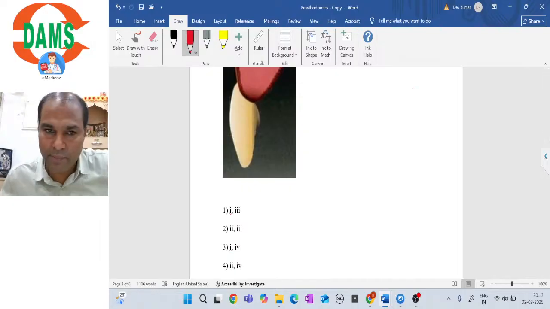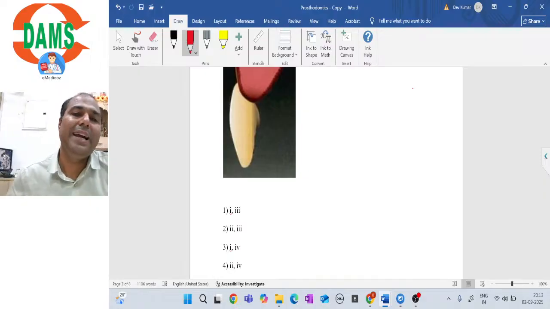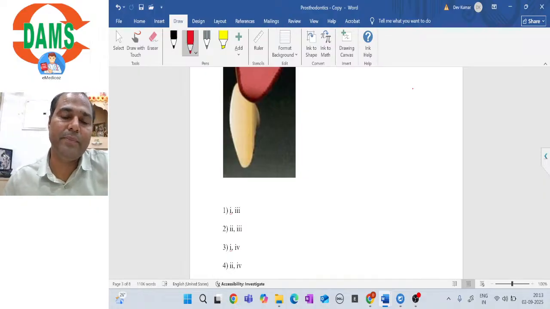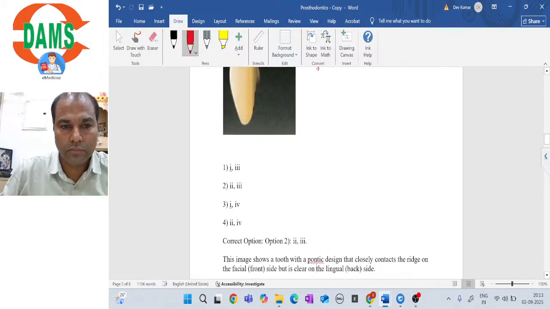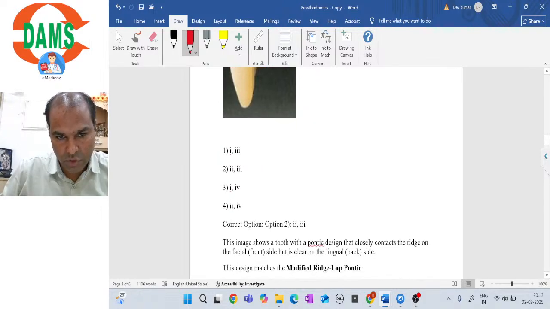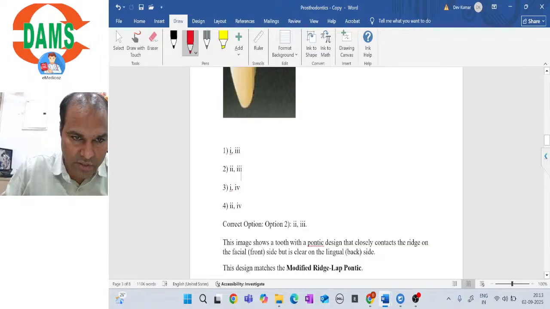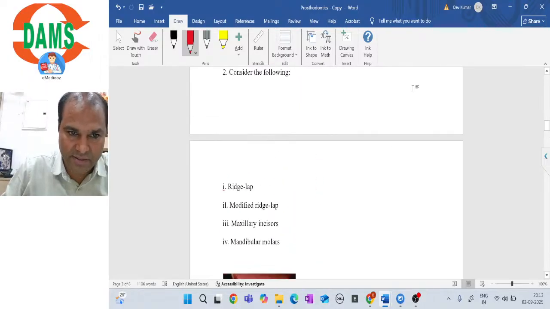So understand. It is clearly visible that this is our pontic, and it is in maxillary anterior. So here the answer is 2 and 3, that is your modified ridge lap and maxillary incisors.